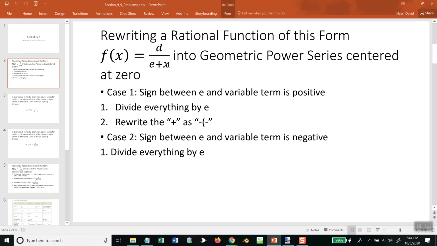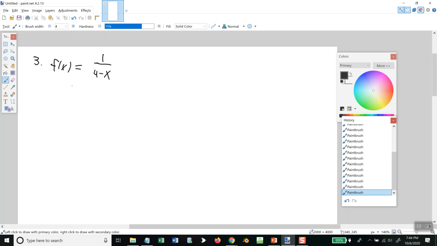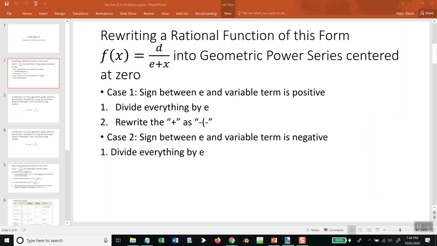Okay, so we want our x second. d is the number on top, so d is 1. The e will equal 4. And we have a minus, so that's case 2. The sign between e and the variable term is negative.